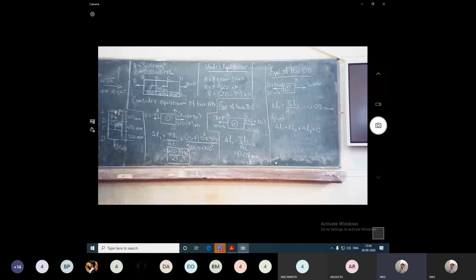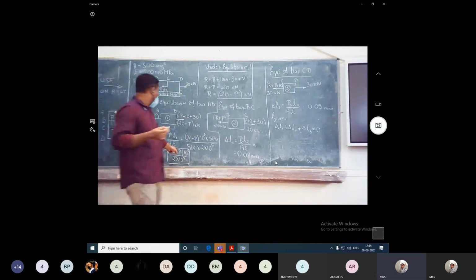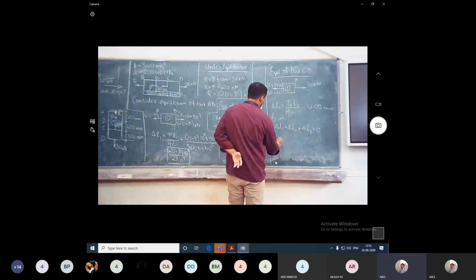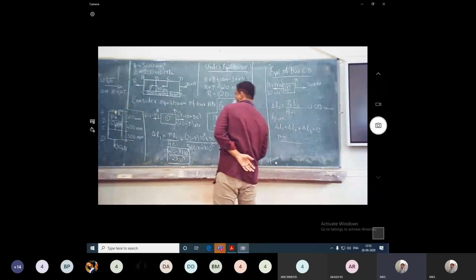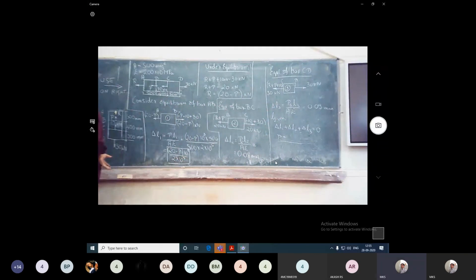Now you find out what is P. You know what is delta L1, you add all the things. Find out P, how much it comes. Just a simplification. 20. Here P is 54 something, let me check again.